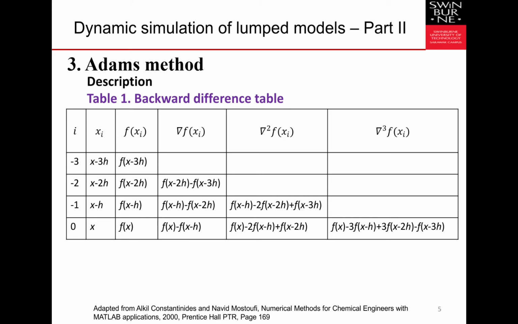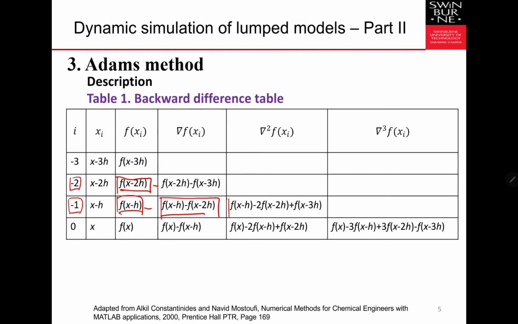And then we need to basically translate those into something more specific. Then we need to use a backward difference table. And in here, the term in here, for example, is the function of i minus 2. This term in here is the function of i minus 1. And then this delta in here is this minus this.